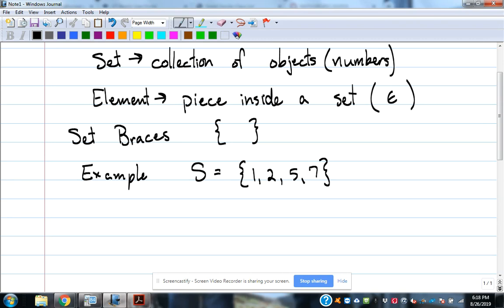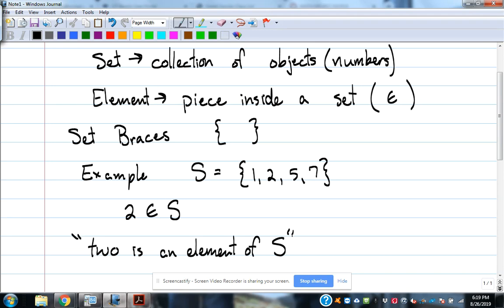So when we talk about an element of that set, let's say 2 is an element of S. That's how you read that: 2 is an element of S. That's the words that go with that mathematical statement. That means 2 is inside of that.